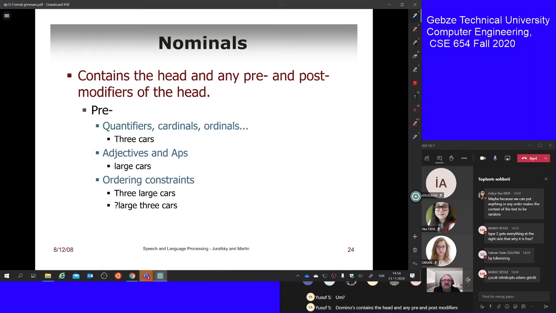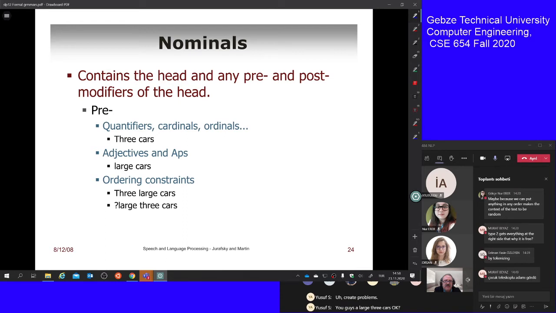With the nominals, with the pre-modifiers, I have the quantifiers, cardinals, 3 cars, adjectives, large cars, or 3 large cars. See, we don't say large 3 cars, so you need to be careful while you are extracting the rules. And these kinds of things are going to create problems. You don't say large 3 cars, okay?